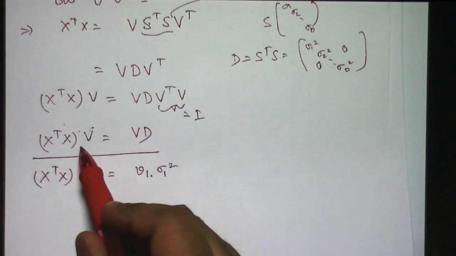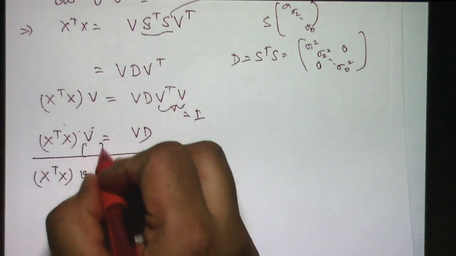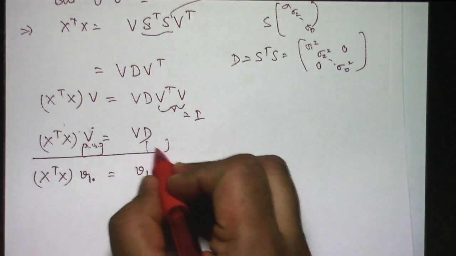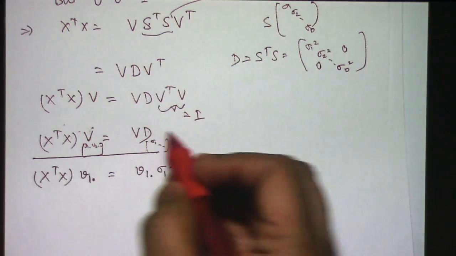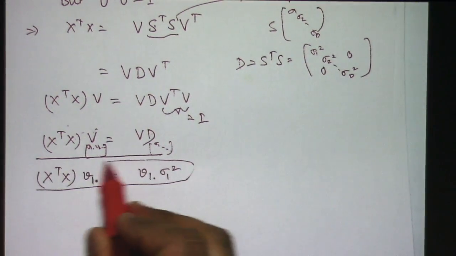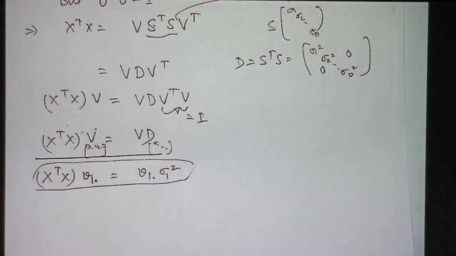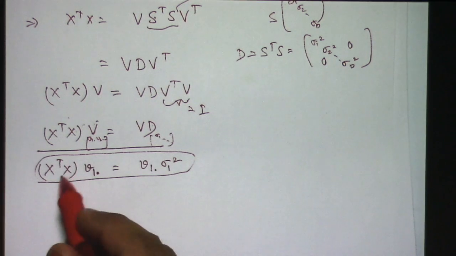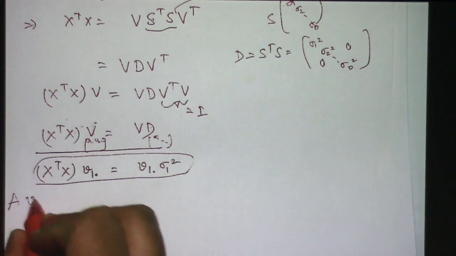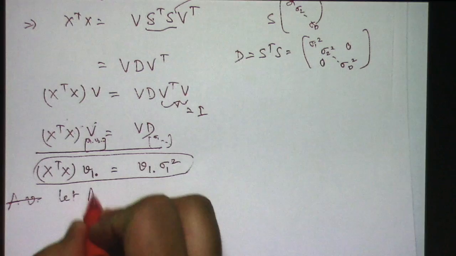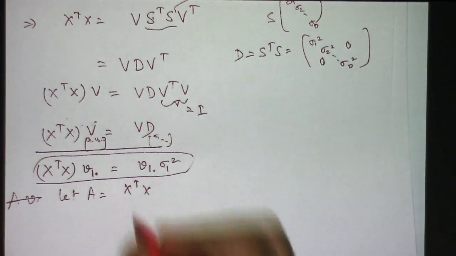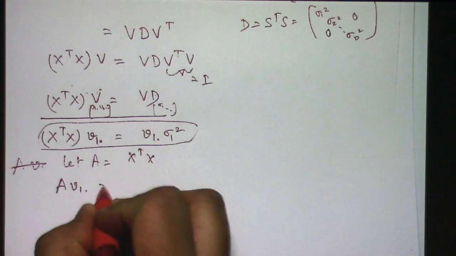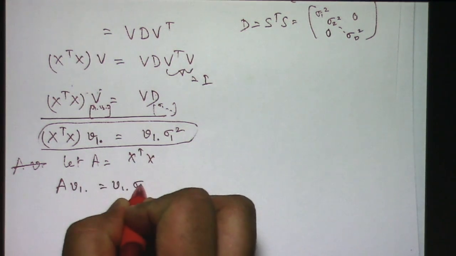So think of this V as just a matrix with V1, V2, and so on, and D as just a matrix of numbers. So if you write it out, this is what you'll get. Let's call X transpose X some matrix A. Then A V1 is V1 times sigma 1 square.